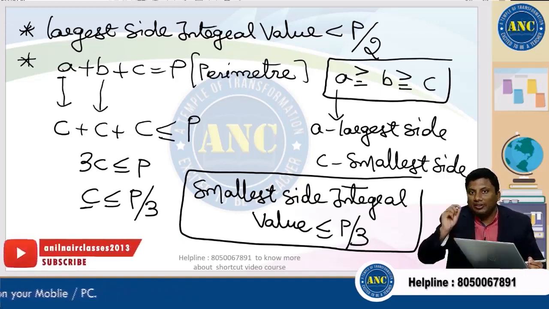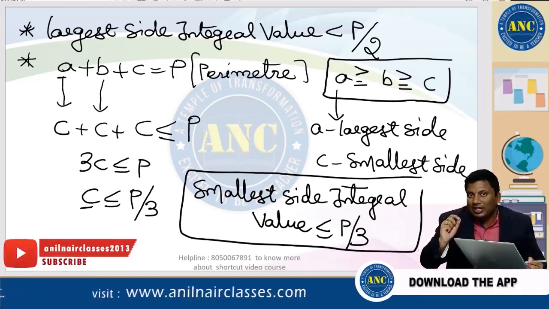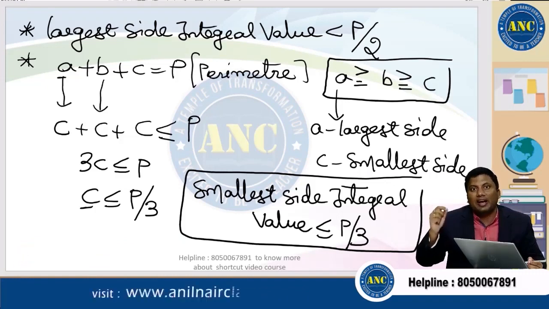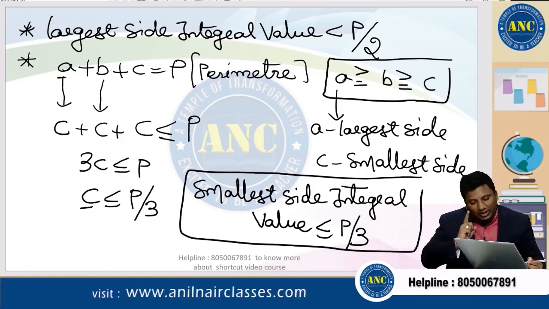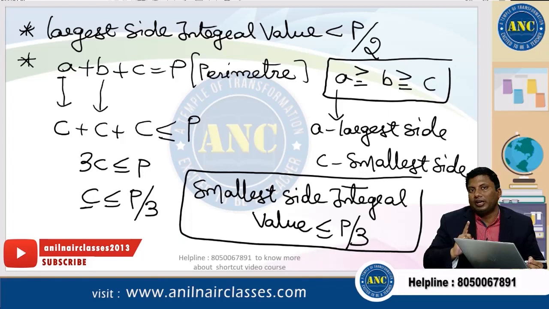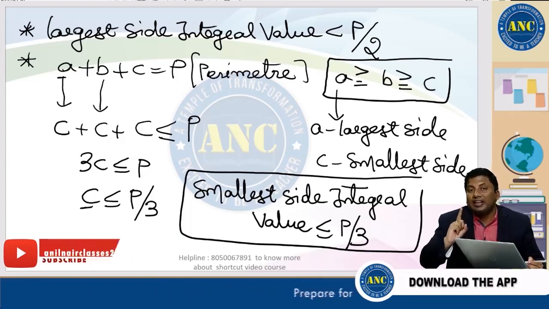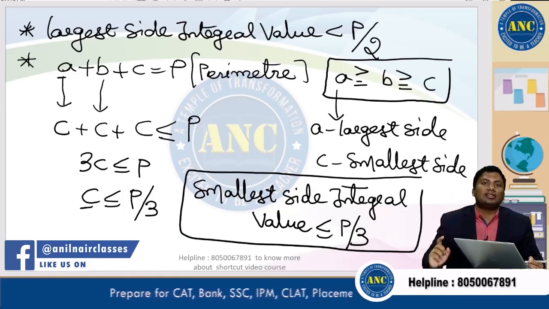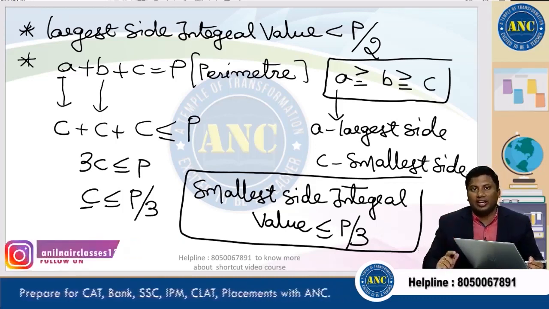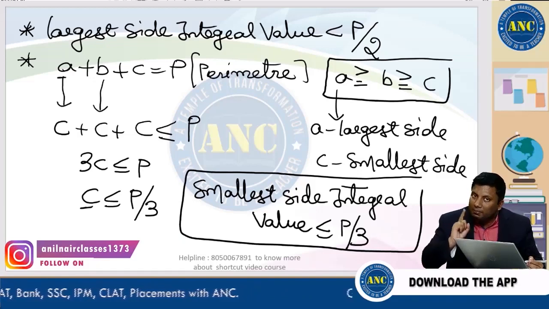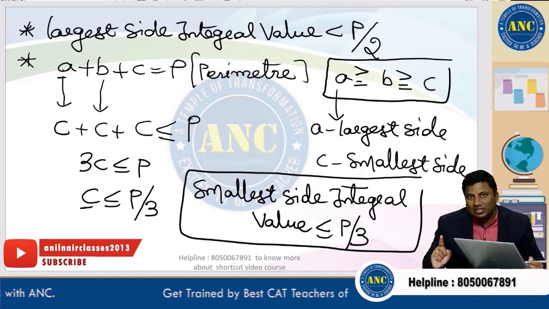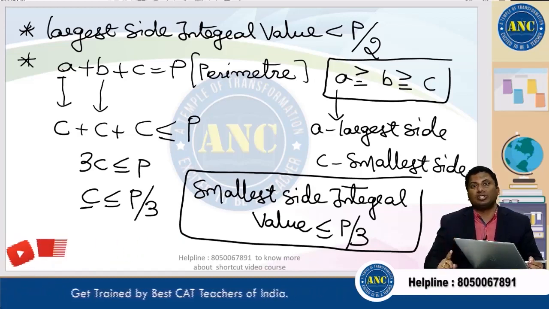If there are three sides, the smallest side maximum integral value we can determine, and the largest side maximum integral value we can determine. This slide is extremely important to find out the maximum integral value of the largest side as well as the smallest side.